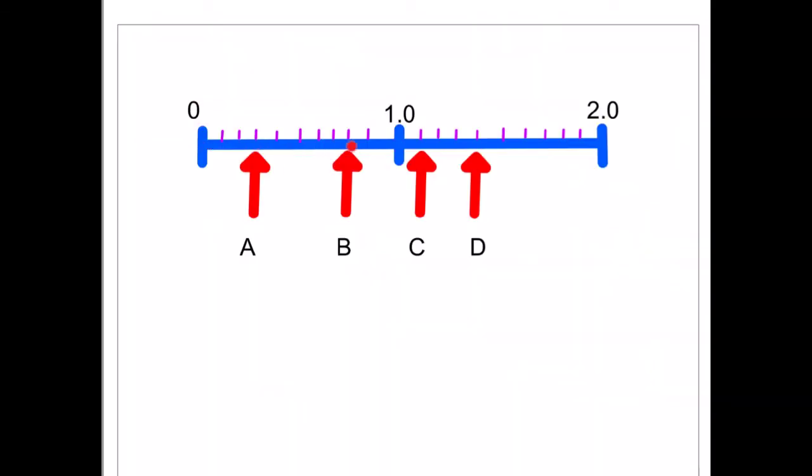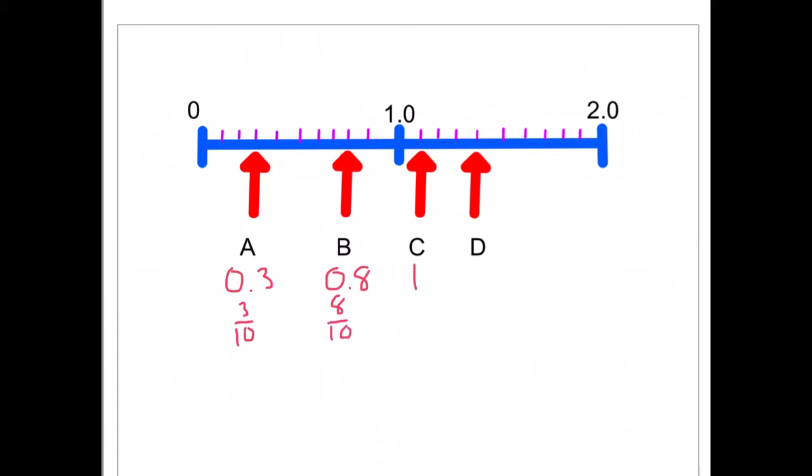Our number line ranges from 0 up to 2 whole ones. It's divided up into 10 pieces, so each of these are a tenth. So our very first letter A is at 0.3 or 3/10. B is at 0.8 or 8/10.